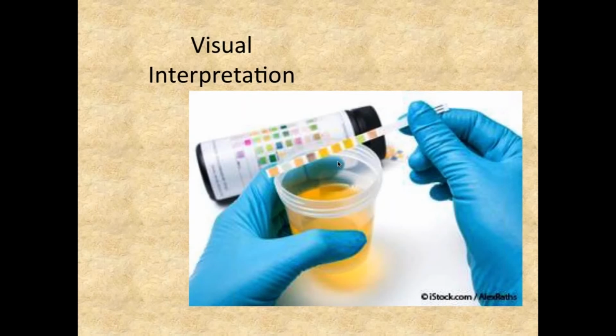If we catch it early enough, we can treat the patient for it and eliminate or minimize the amount of kidney damage that has occurred. So even simple visual tests like this are very important in determining the overall health of the patient.